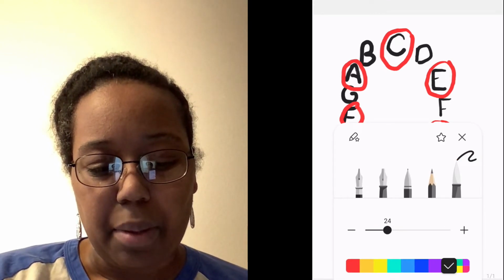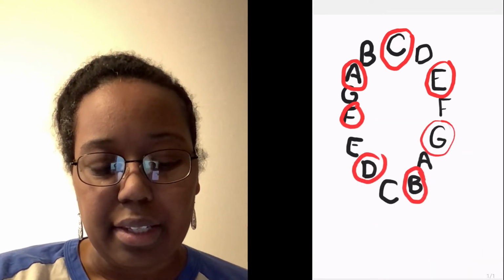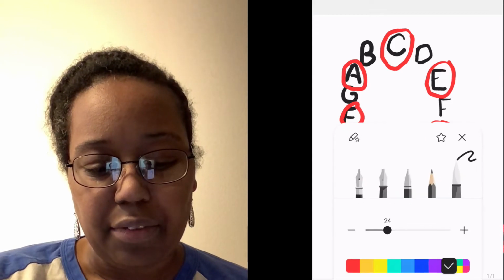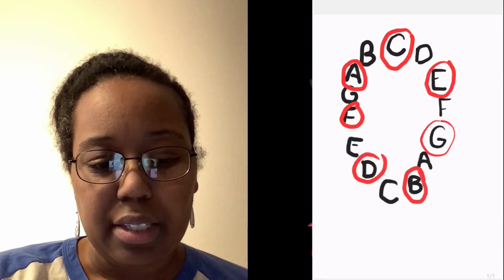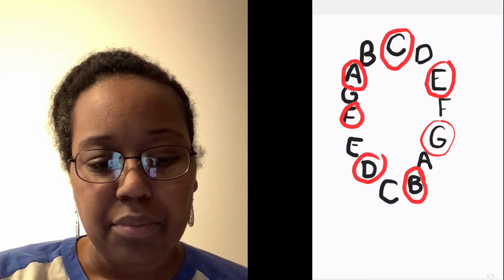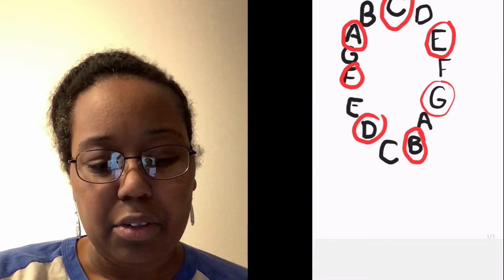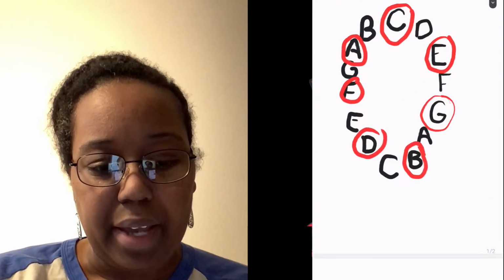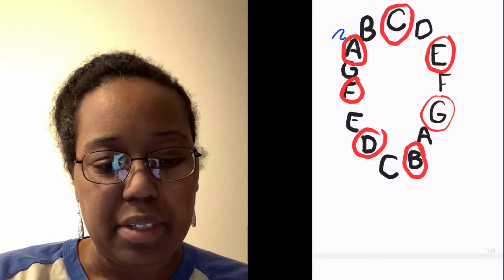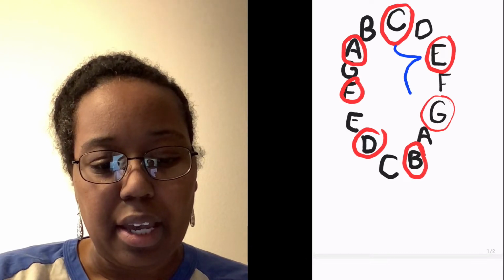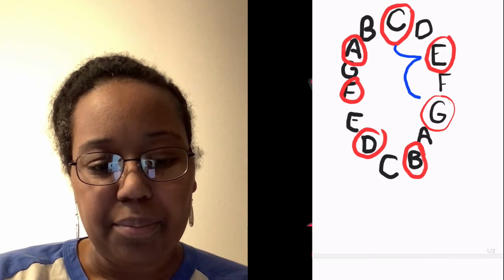I'm going to go back to my black. Now, with this, let's get a different color so we can continue to see what's going on. Let me go to another page. Here we go, I'm going to write them out. What we have is C, E, and G. See that?